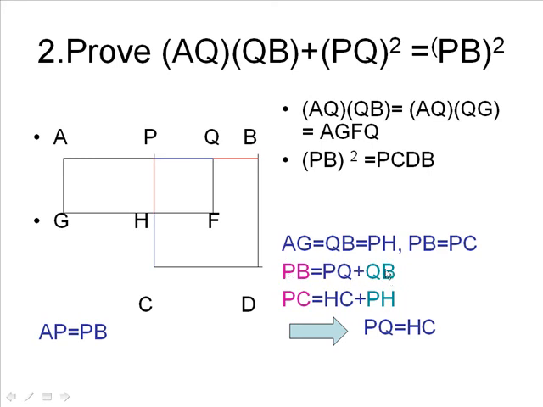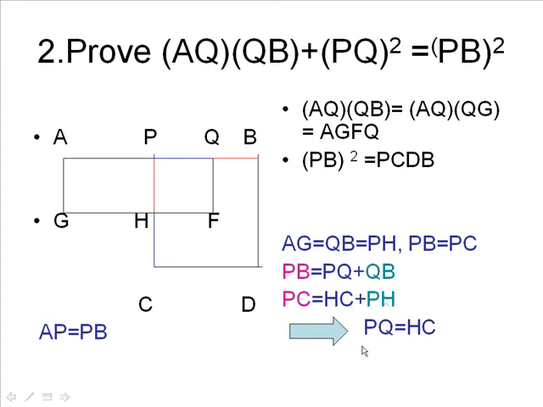And PC is divided into PH and HC. And as we just proved, these two red lines are equal, so QB equals PH and these two purple ones are equal because this is a square. The left sides are equal, and on the right side, these two parts are equal, so these two parts must be equal. So we proved these two blue lines are equal.